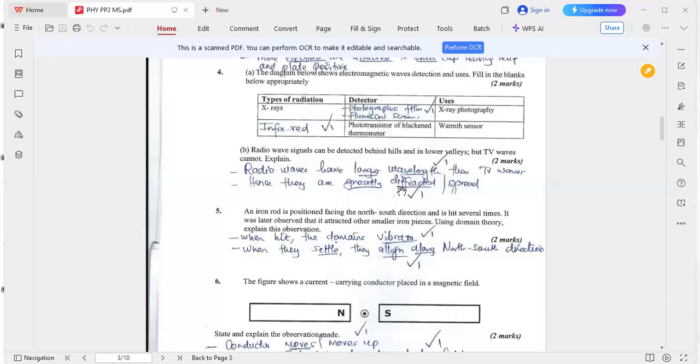5, an iron rod is positioned facing the north-south direction as it is hit several times. It was later observed that it became magnetized.